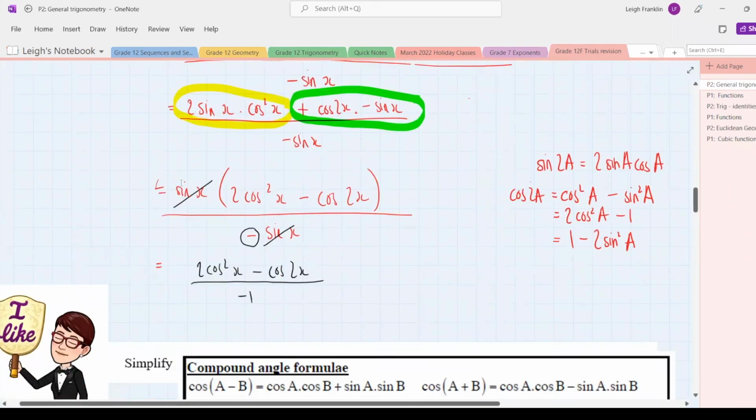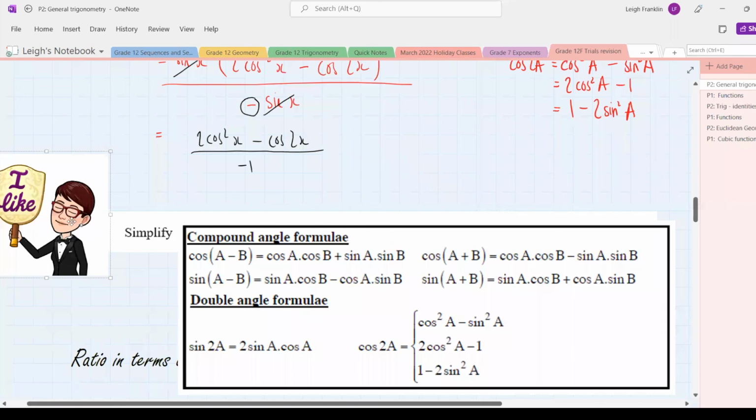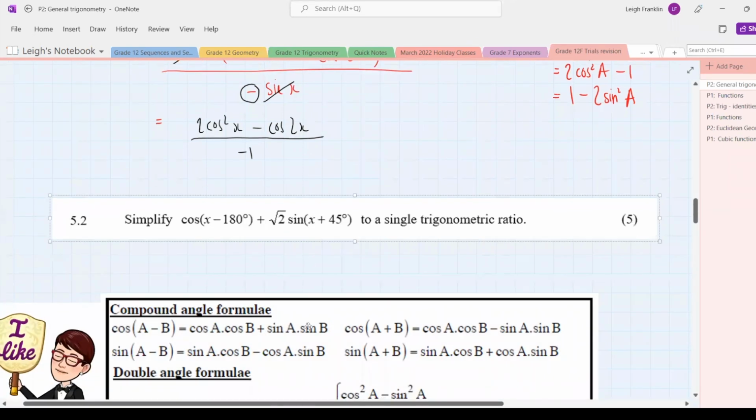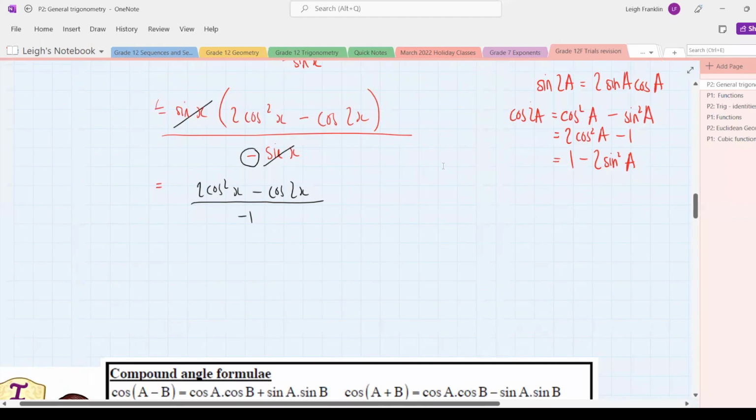If we divide something by negative 1, essentially we're changing the signs of the terms, aren't we? So that gives us positive cos 2x minus 2 cos squared x.